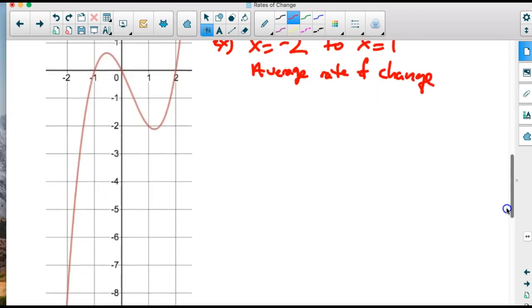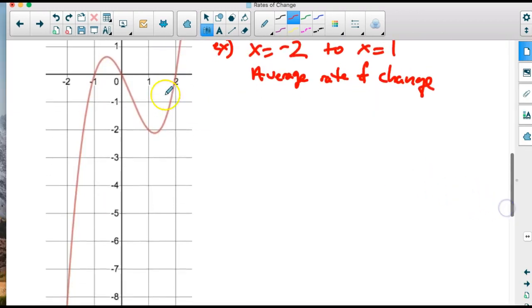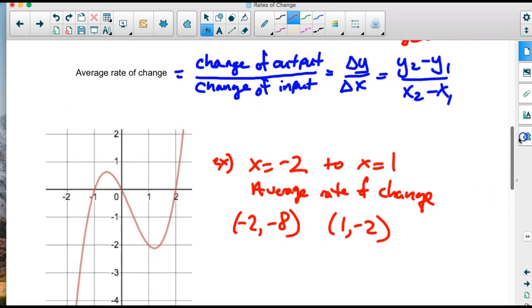So we'd look at this graph. At -2, we're down here at -8, so our point is (-2, -8). And our other point is (1, -2). We would then use the equation to figure out the average rate of change.